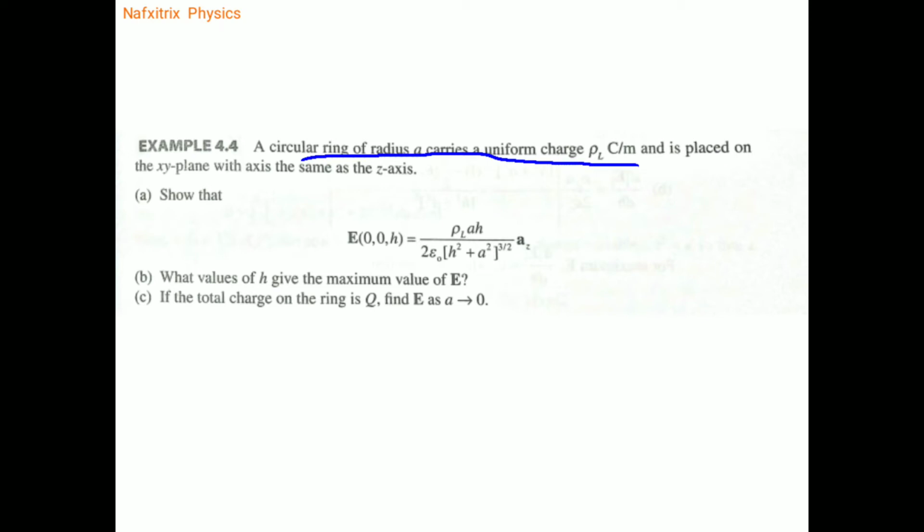So here we need to consider a circular ring of radius A. The entire ring has a uniform charge density rho L coulomb per meter, that means charge per unit length, and it is placed on the xy plane with the axis the same as the z axis. So this ring is placed in the xy plane with its axis as the z axis.